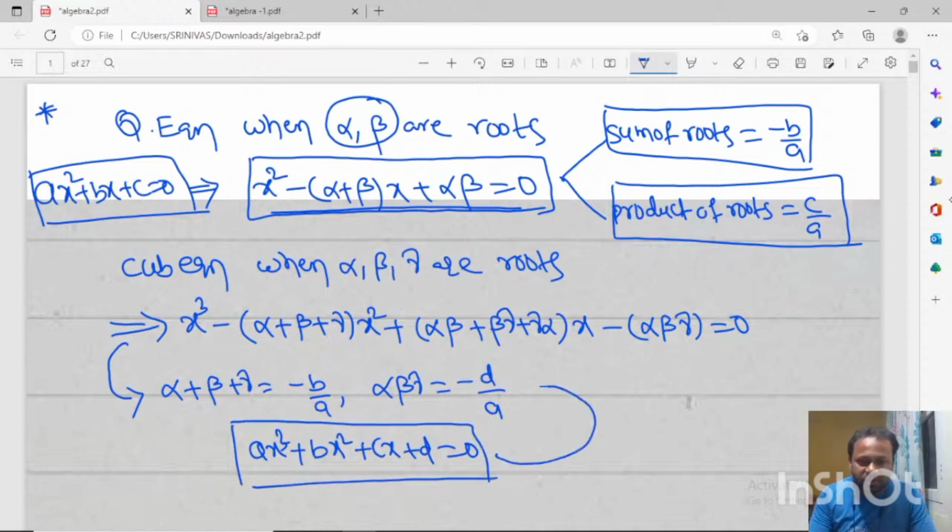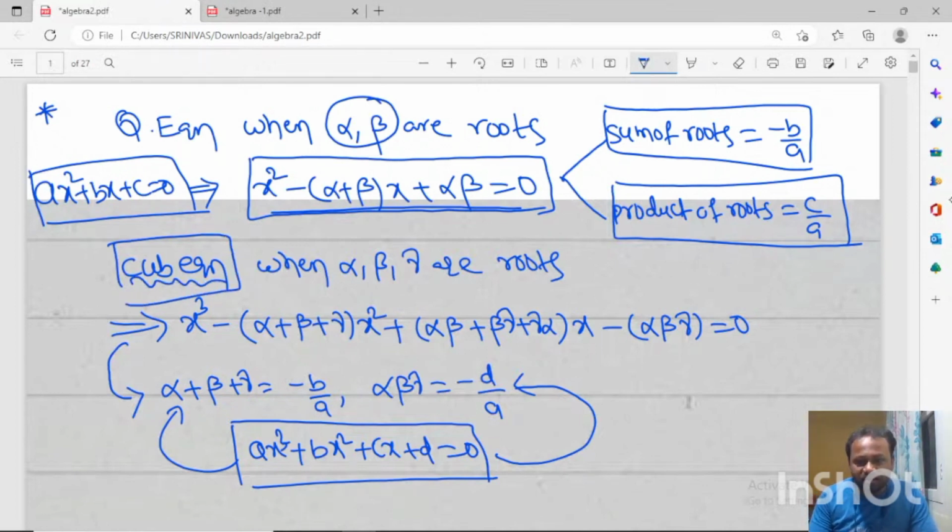For this, product of the roots, sum of the roots. Okay, so this is for cubic equation. Okay, na? This is the condition.